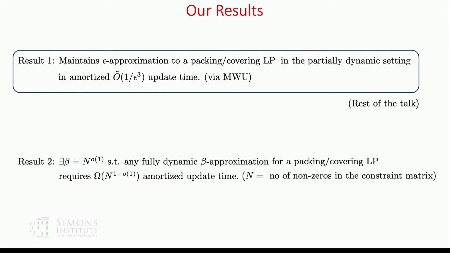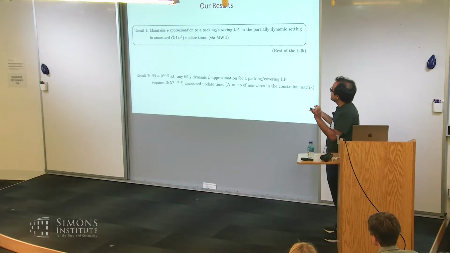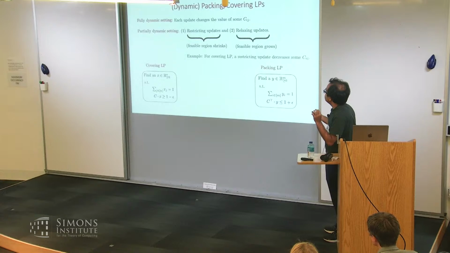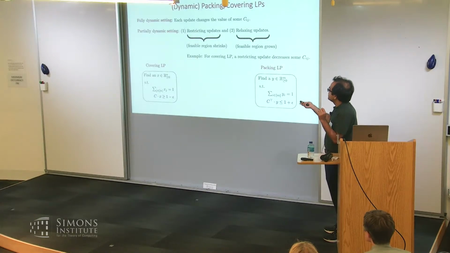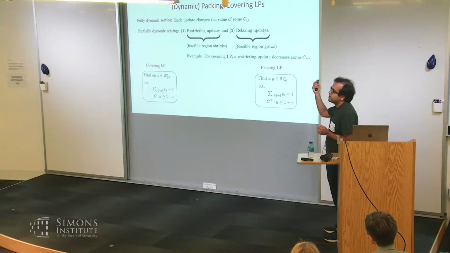Yes. So you encode what would usually be the objective by the normalization constraint? Yeah, exactly. And that you can or cannot update? I guess that you can update. Okay, that's a good question. Let me just go back to the formulation here. Let's say in the partially dynamic setting, or even in the fully dynamic setting, if you just look at the objective function, you can say, let me just update one coefficient in this objective function.